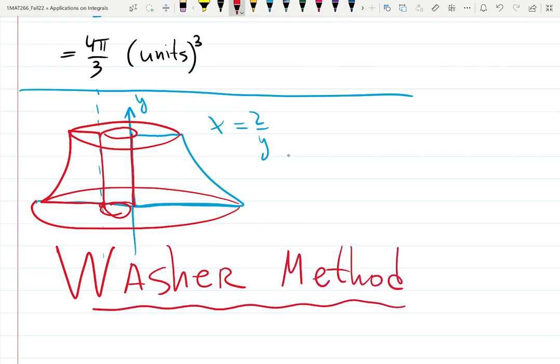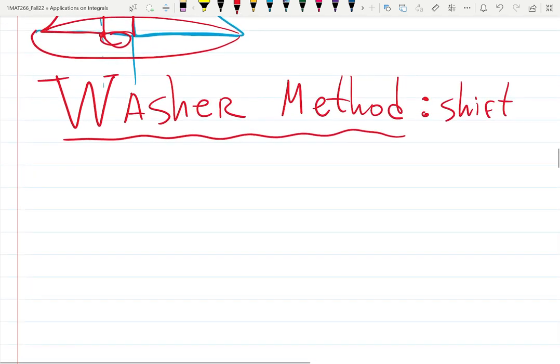The washer method basically has a shift. You'll see that shift for the rotation, or shift of the location of the original function. Washer method is called washer method because it will not be using disks anymore.